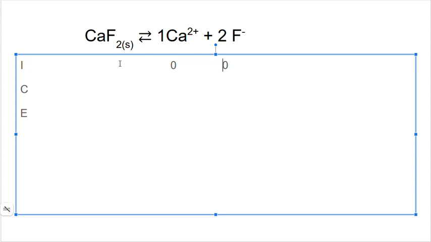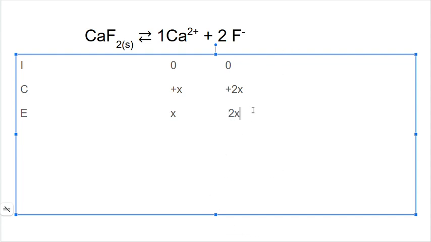Then for my second line, we add plus x and plus x for what changes. Because we have the 2 in front here, we have to add that 2 to whatever the change is. That means our equilibrium value is going to be x, and then we have 2x down here.